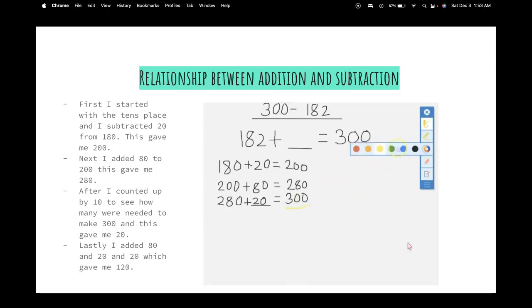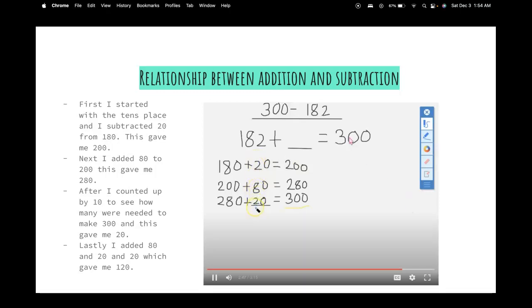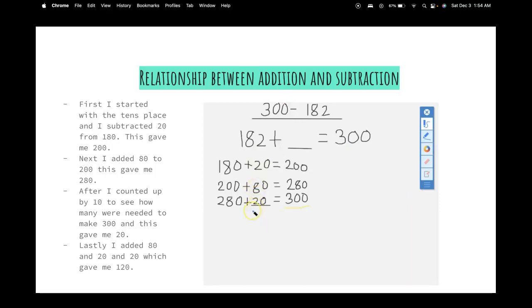And to check our work, we are going to add these middle digits, and this should be the answer in the middle. So 20 plus 20 equals 40. And if you add 80, that gives us 120.